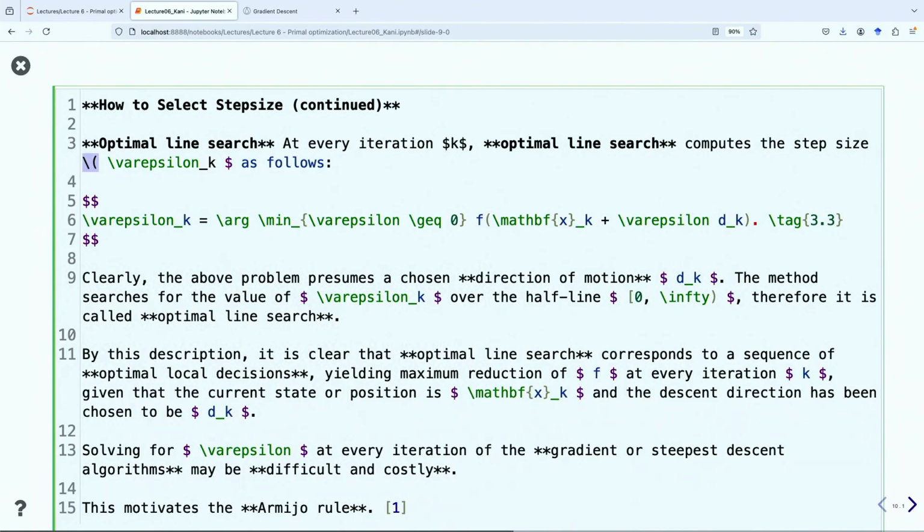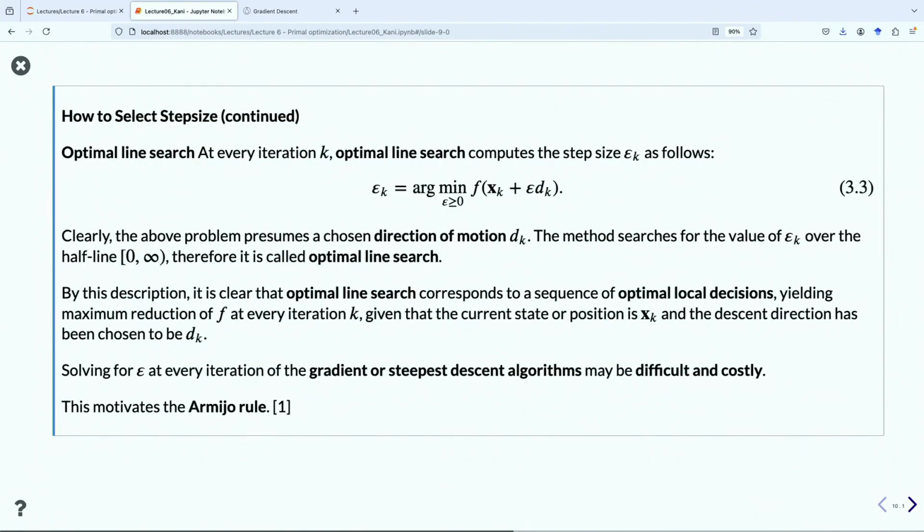I have to jump around between editors. That's what I get. Okay, so what should we do to find the ideal step size? Well, let's think of the problem one more time. We have a particular optimization problem, and we have the direction that we want to descend down.